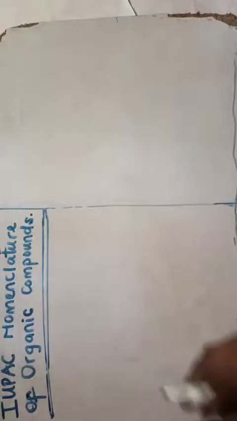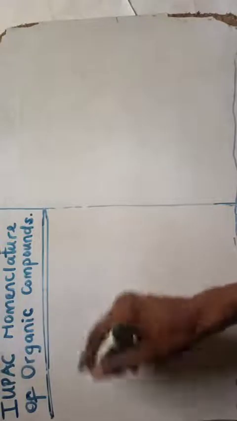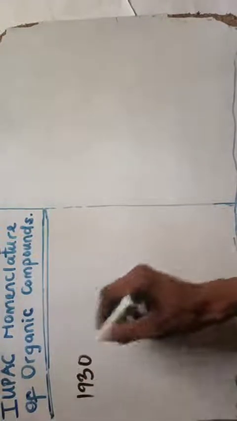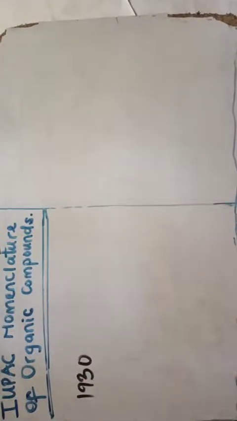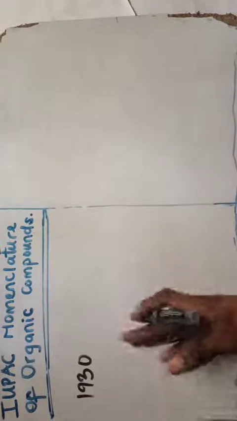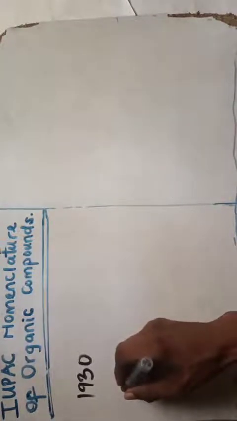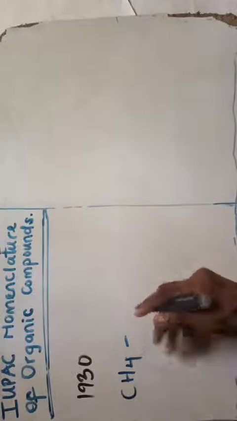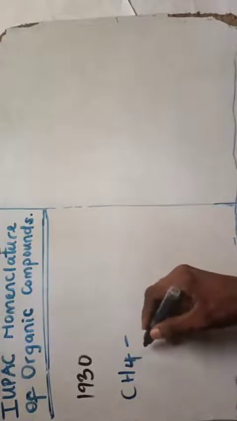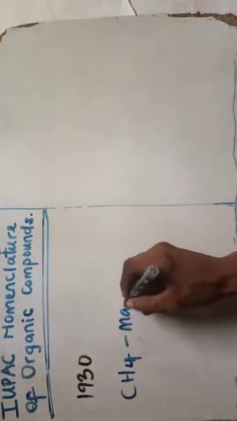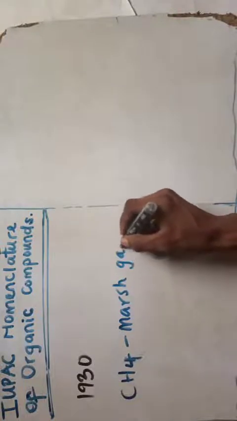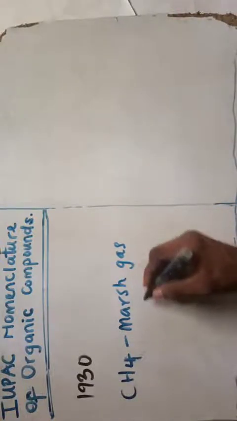As far back as 1930, that is after revising the Geneva system, which was developed in 1892, some compounds such as CH4 were given trivial names such as marsh gas, or sometimes damp fire.